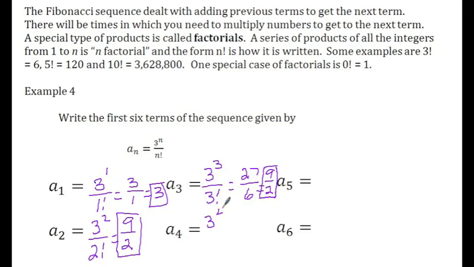Of course, we just keep this pattern going. 4 factorial. 3 to the 4th is 81. 4 factorial is 1 times 2 times 3 times 4, which is 24. And let's see, 81 over 24ths. Let me use my calculator real quick to reduce that fraction. It would be 27 eighths.